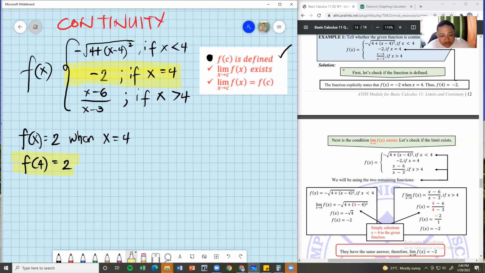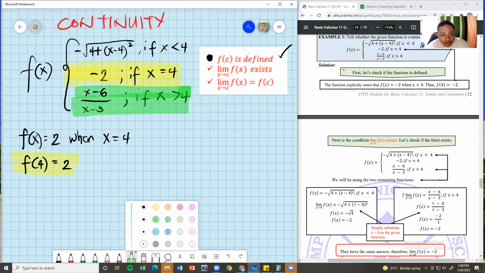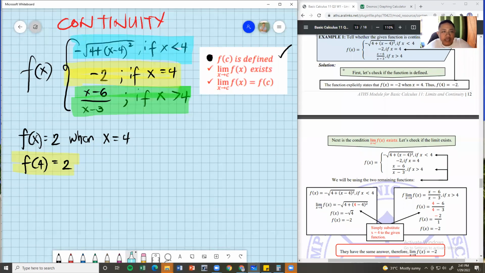Now, the next two functions will be used naman to check if the limits for these functions exist. Nag-exist ba yung limit dito? At saka yung limit nito. Okay, and that's what we will be checking for the second part. Okay, gawin natin to. Let's do this.